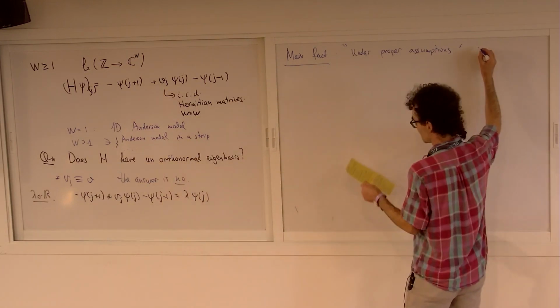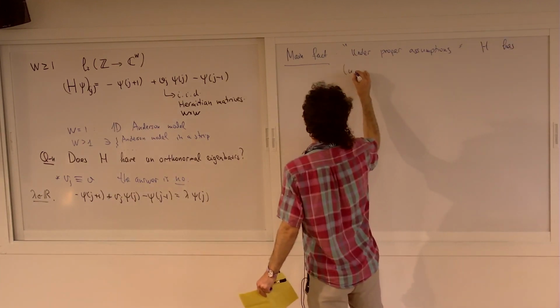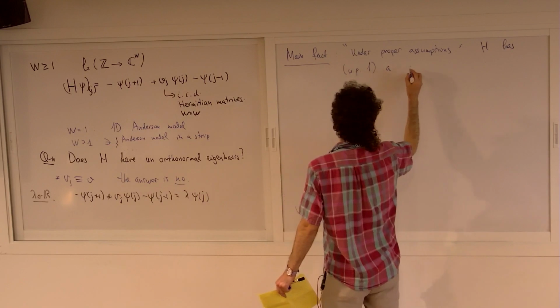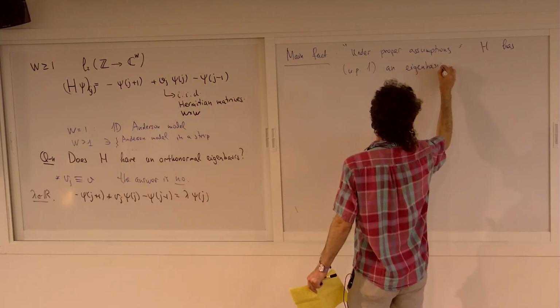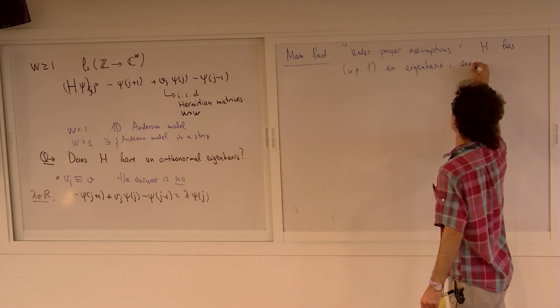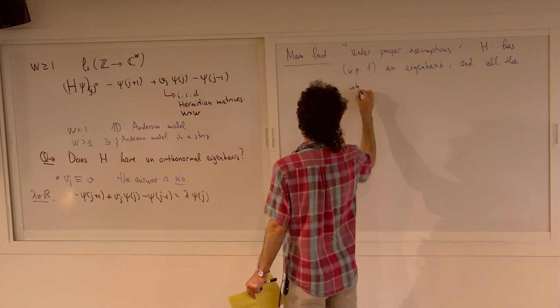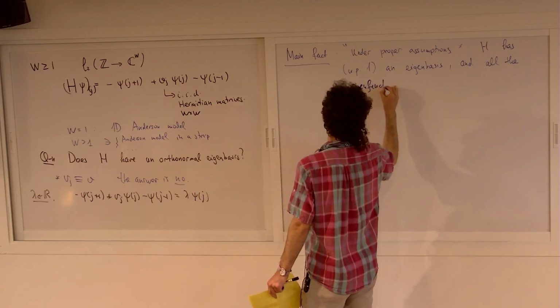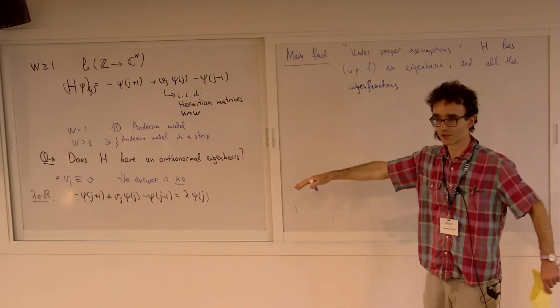So H has, with probability 1, an eigenbasis, and all the eigenfunctions are not just square summable, but in fact exponentially decaying.